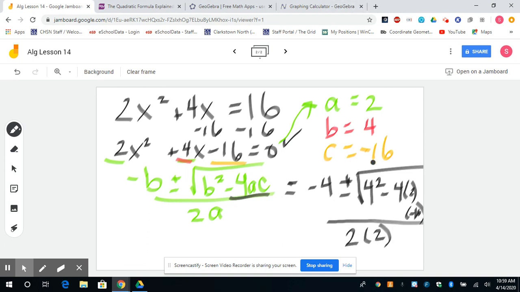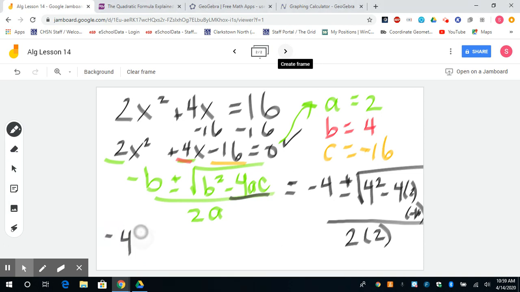So hopefully you have that all written down. And you can pause it, obviously. But I'm going to write it down here. So we have -4 plus or minus, and I'm just going to simplify the inside a little.